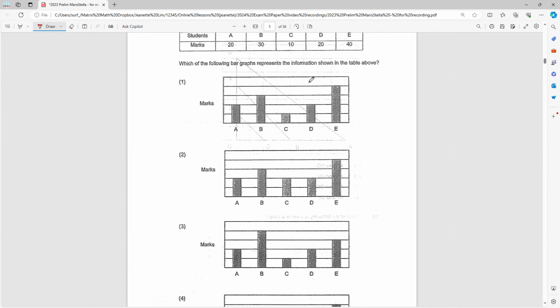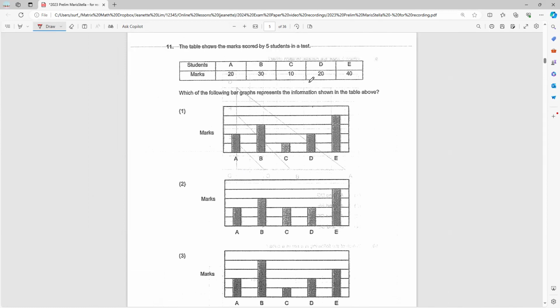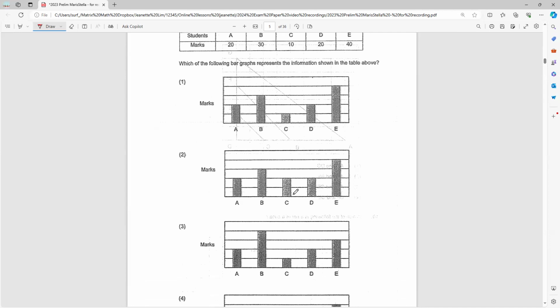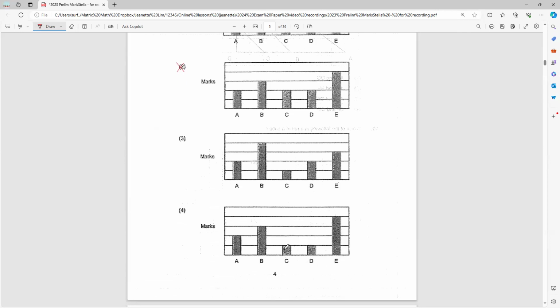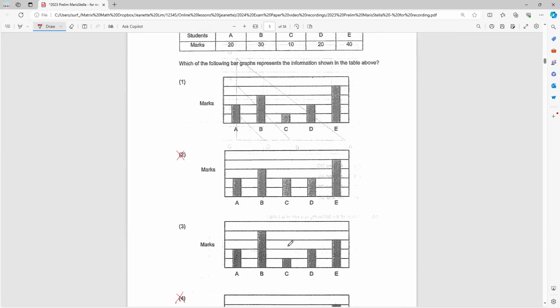Let's check the highest and lowest first. Highest is E, lowest is C. Highest E, lowest not C, so this is out. Highest E, lowest not C, so this is out. Now we're only left with 2 to compare.